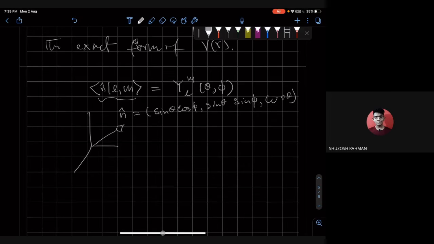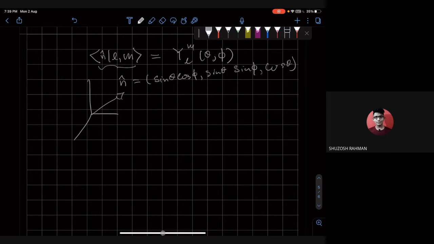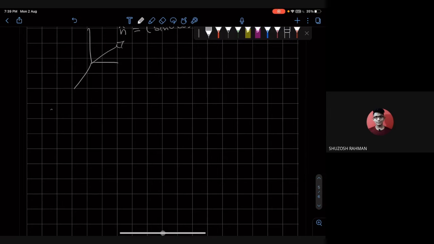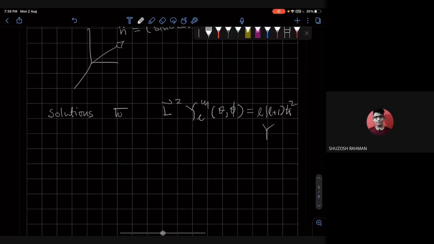Okay, so the solutions to this equation are called spherical harmonics. Solutions to L squared Y_LM(theta, phi) equal to L(L plus 1) h bar squared Y_LM(theta, phi).